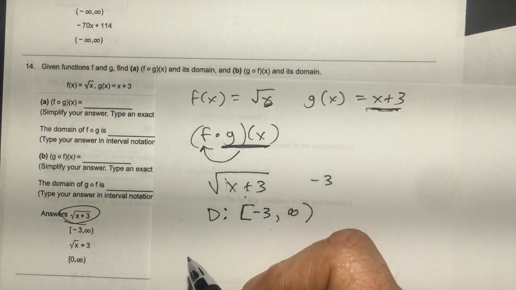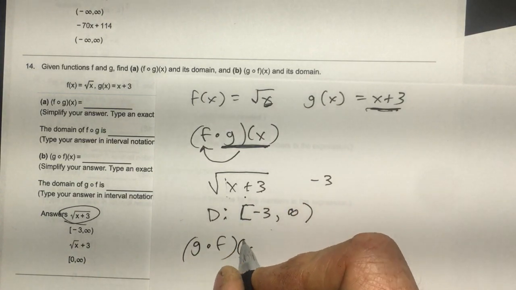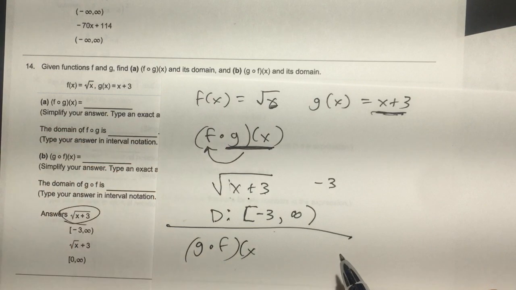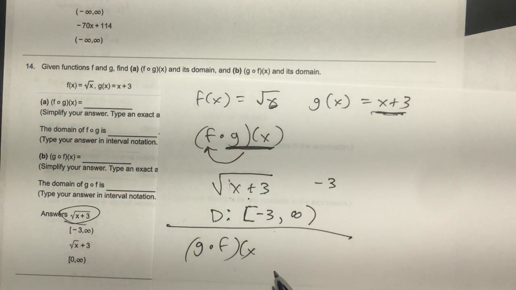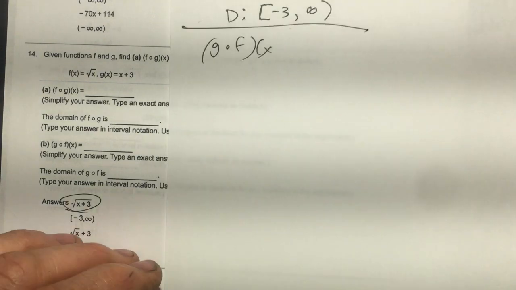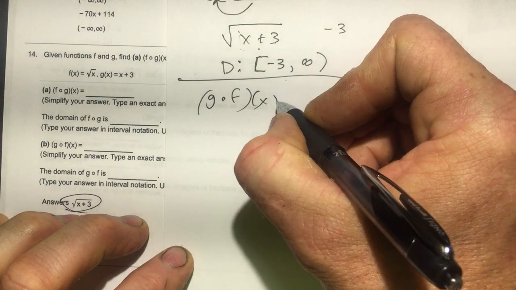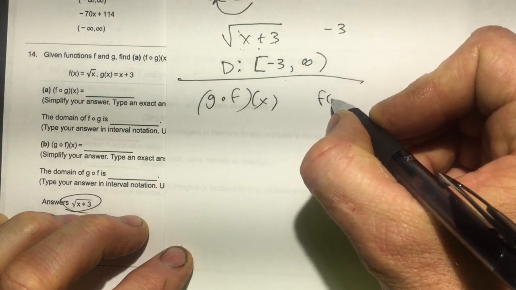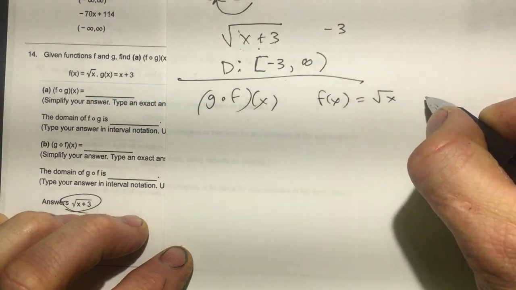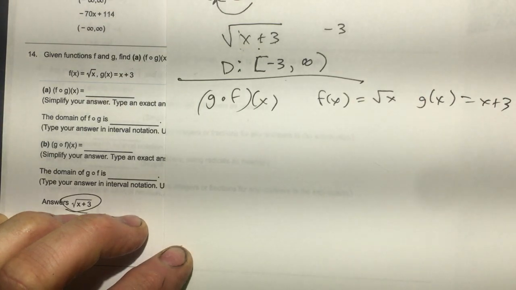Okay, now, what's g of f? All right, so there's the first part, A. Now, what's g of f of x? Let me move this up a little bit. Just to remind you, f of x is radical x. g of x is x plus 3.